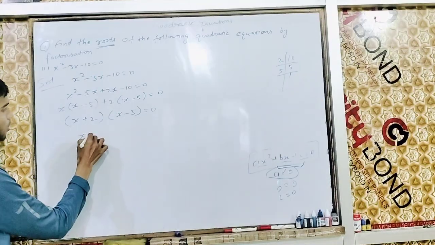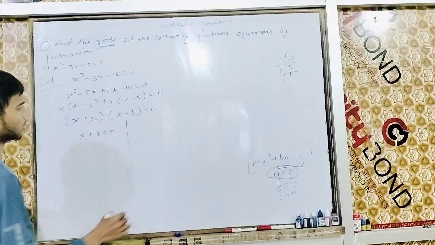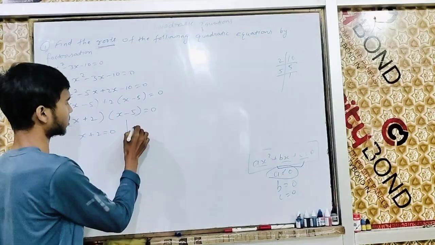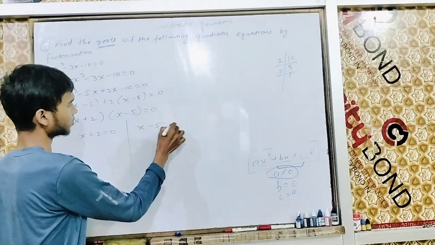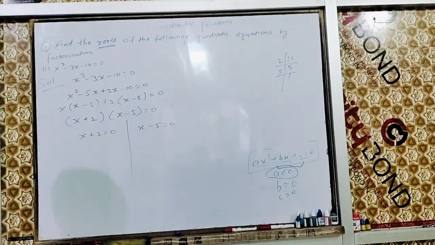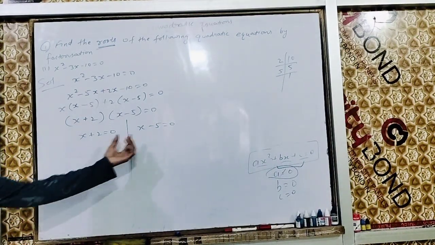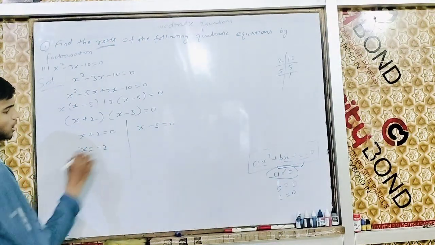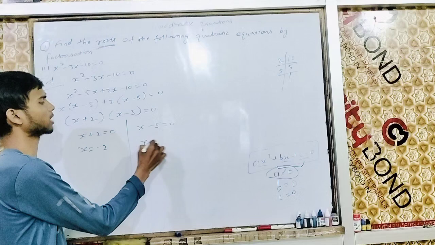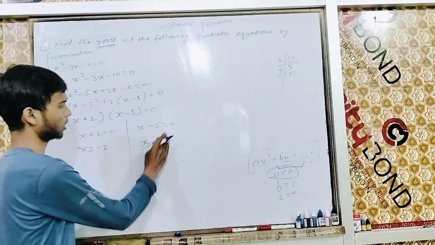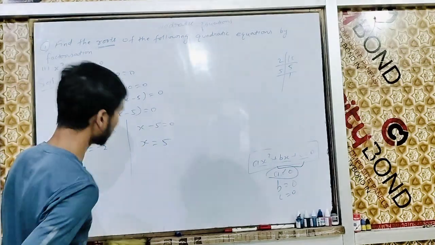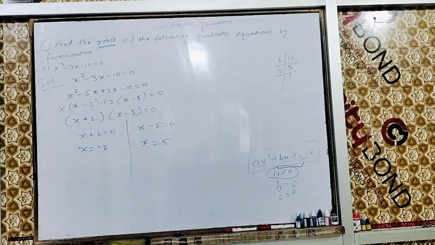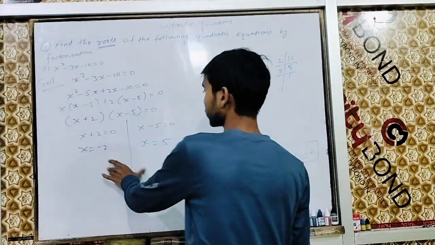For example, x plus 2 is equal to 0, and here x minus 5 is equal to 0. Now we have linear equations. After simplifying this, you will get minus 2, and after simplifying this, you will get 5. Now look at this. This is our answer.